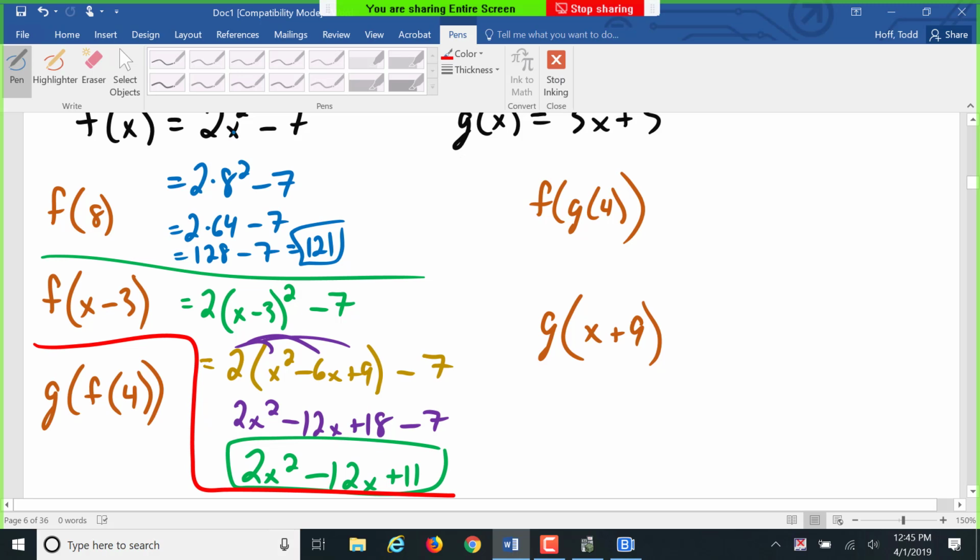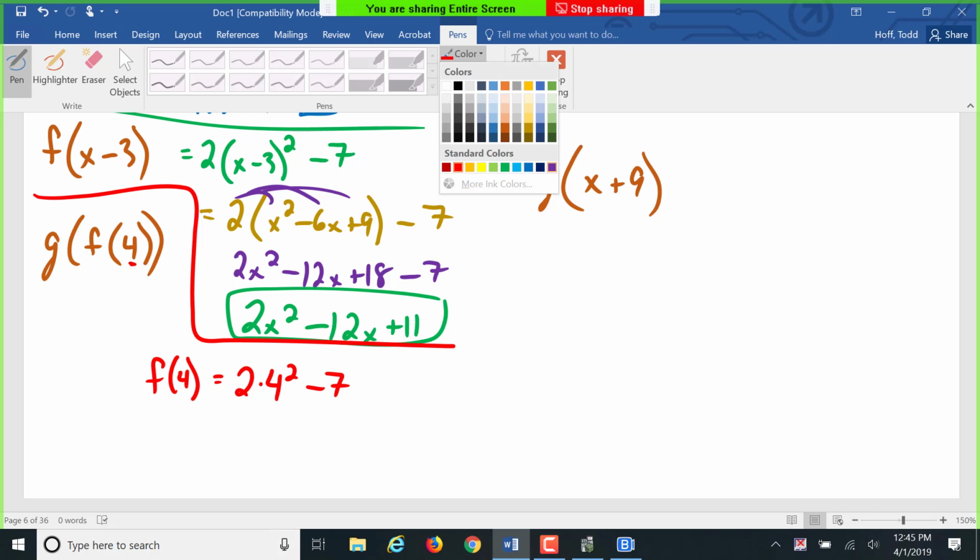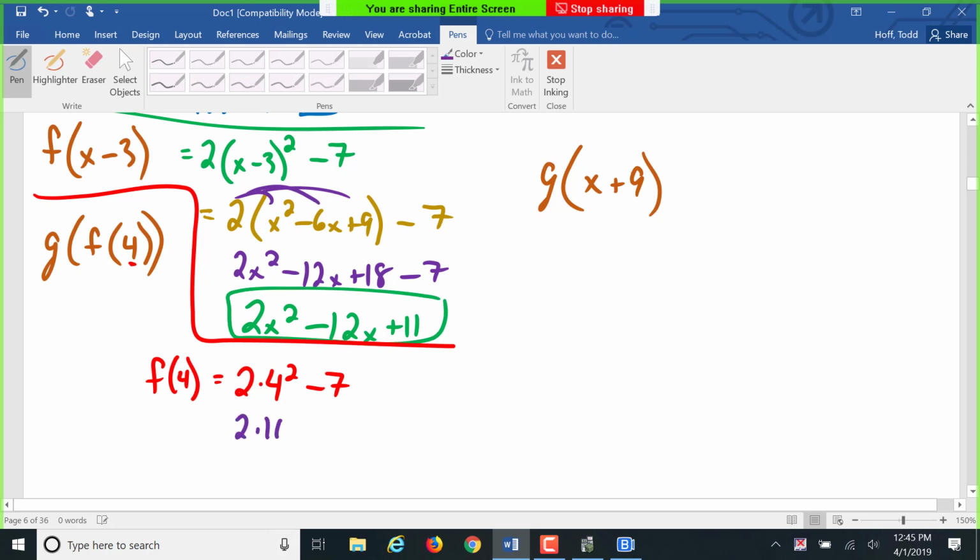Okay, g of f of 4. That's saying we put 4 into f of x. F of 4 is just 2 times 4 squared minus 7, which is 2 times 16 minus 7, or 32 minus 7, which is 25. That's f of 4.